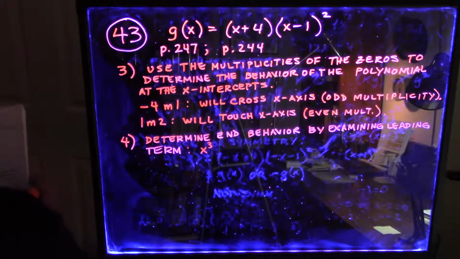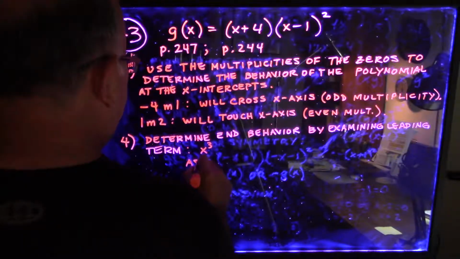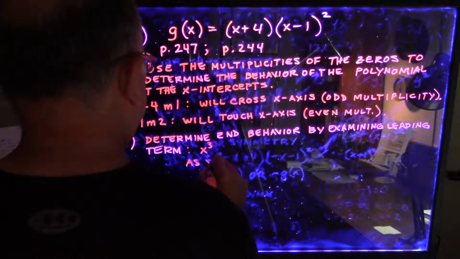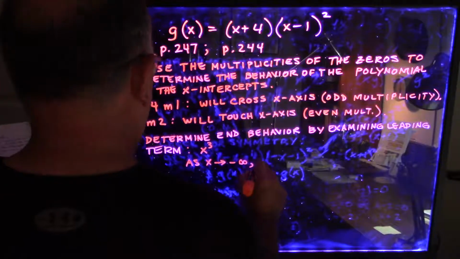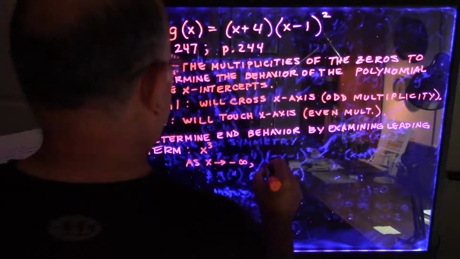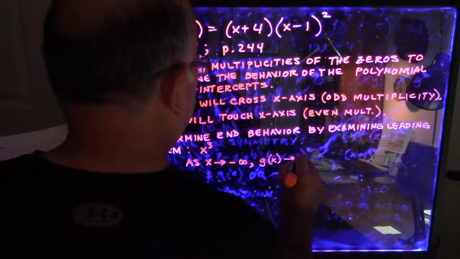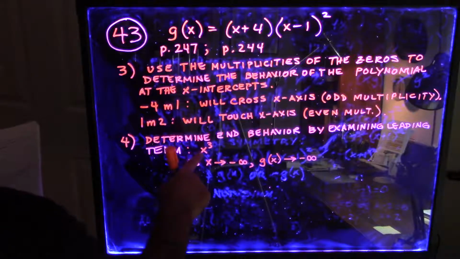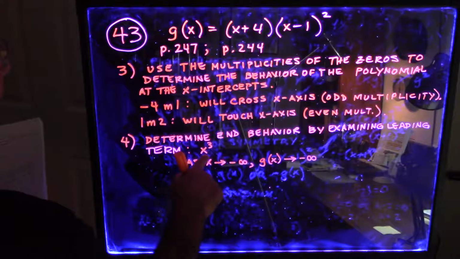So here we go. As x goes to negative infinity, g of x goes to negative infinity. You just plug in negative numbers and keep going to the left as you go to negative infinity.